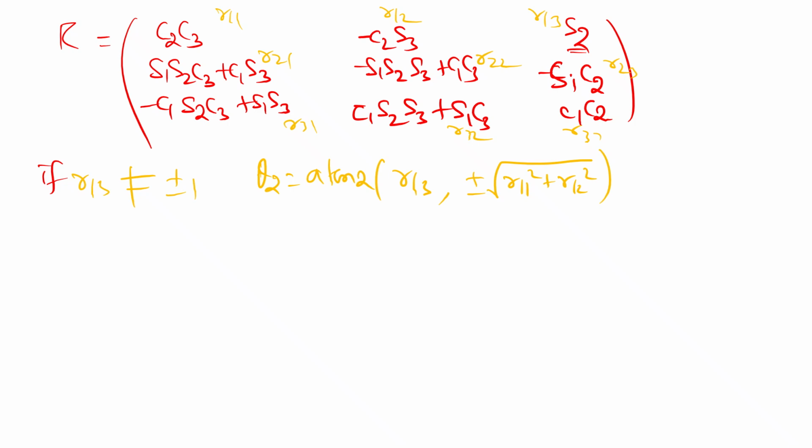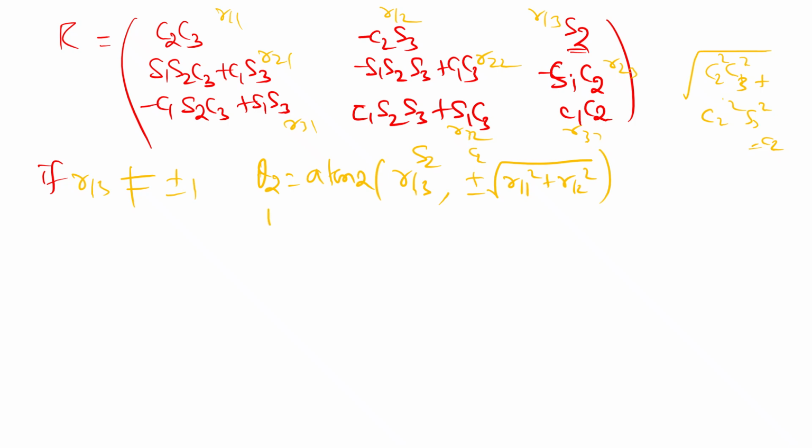So if it is R11 square, it is C2 square C3 square plus C2 square S3 square, which will be 1. So your answer is C2. Here actually S2 should come, C2 should come. So if R13 is not equal to plus or minus 1, theta 2 is like this.